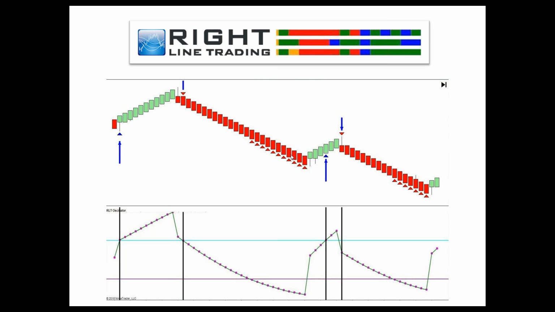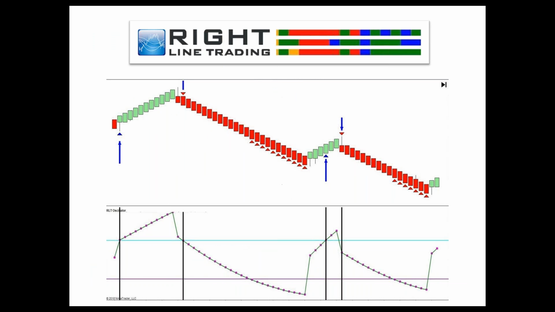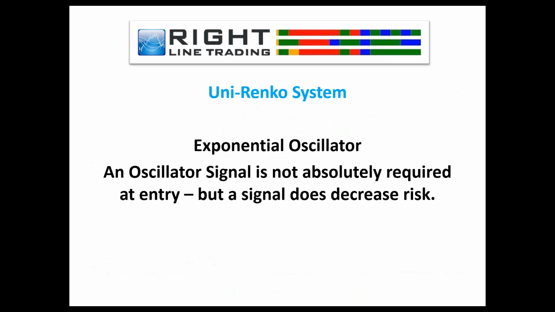So that's geometric movement. The only way you can have an oscillator track this is by taking the oscillator formula and raising it to the second power. So this is an algorithmic trading system, and that's why we call it our exponential oscillator.